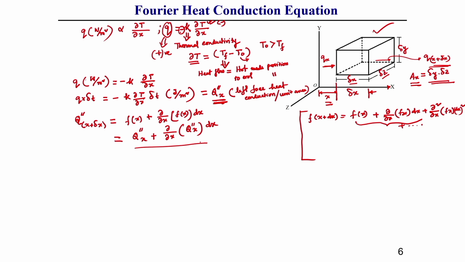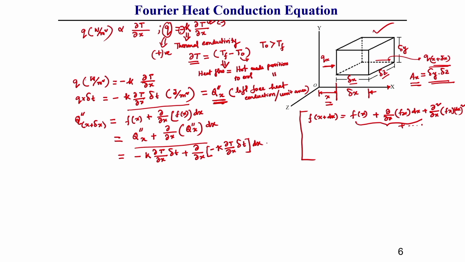Now, once you put all the terms into this equation, you can write this will be generally minus k del T by del x at a time delta t in joule per meter square, plus del by del x of this q double dot x value, that is generally minus k del T by del x, delta t is there, into this dx term, correct.